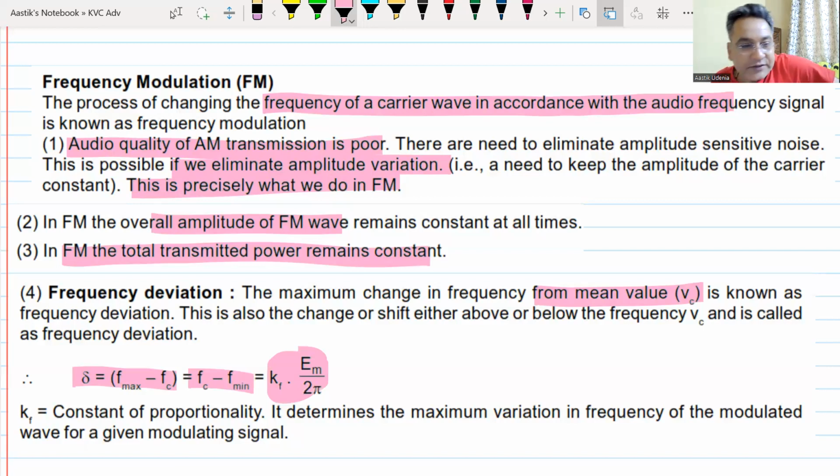Again, you will have to remember the formula. It can be written as Kf into Em by 2 pi. Kf is a constant of proportionality. This constant would be given to you in any case. I'll give you 2 minutes to note this down.